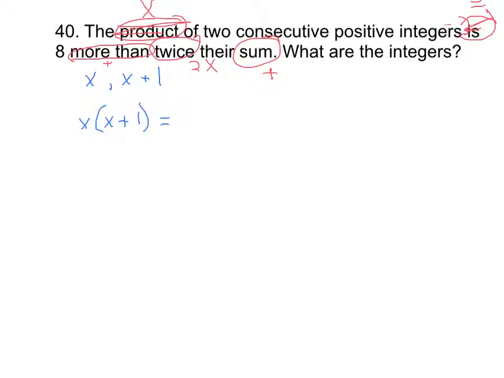So now what is it? It is 8 more than, so we're going to add 8 to whatever we do next, twice, 2 times their sum. So we're going to add together the integers, which are x and x plus 1.